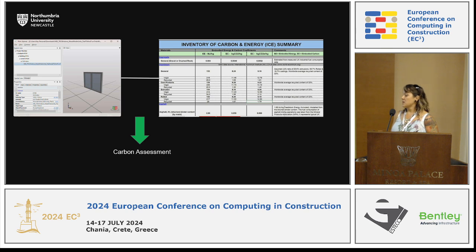So the idea is that we take the building data and given all these wonderful standards and processing guidelines for generating that data, it should be fairly easy to map the materials from that building product onto any carbon database and come up with some sort of carbon assessment.